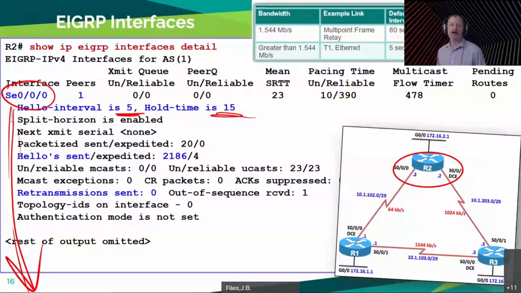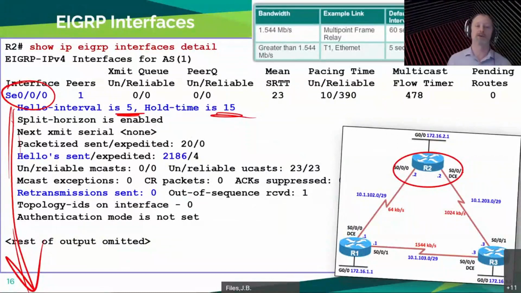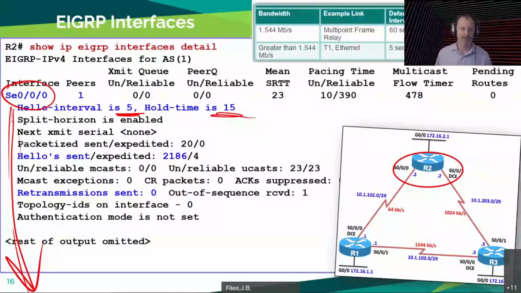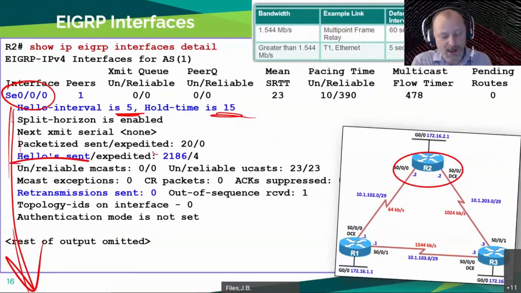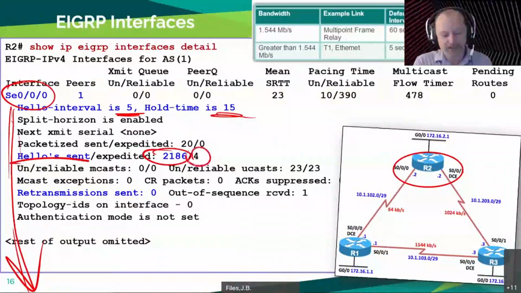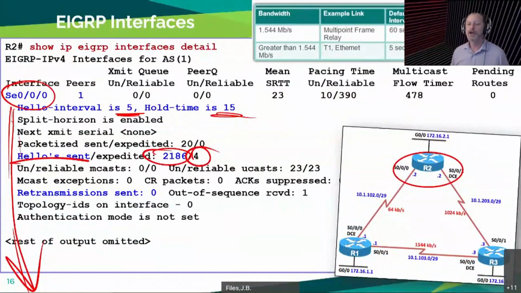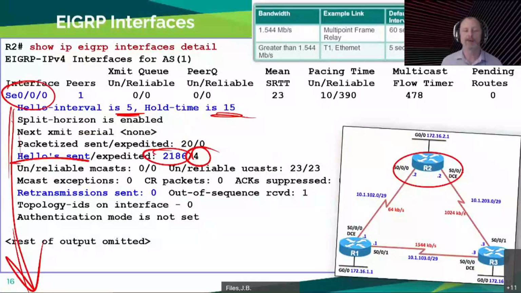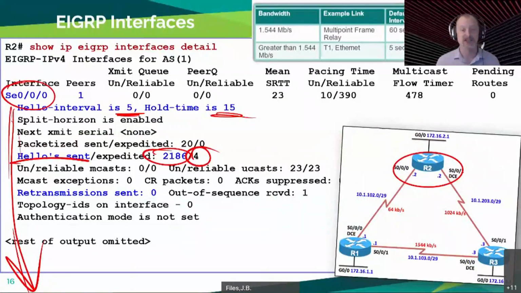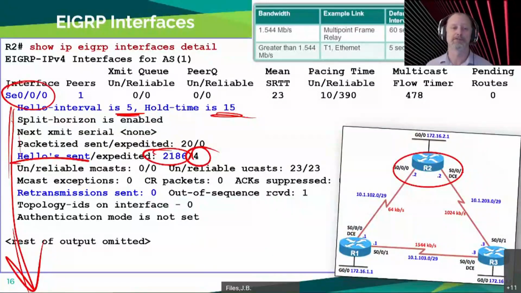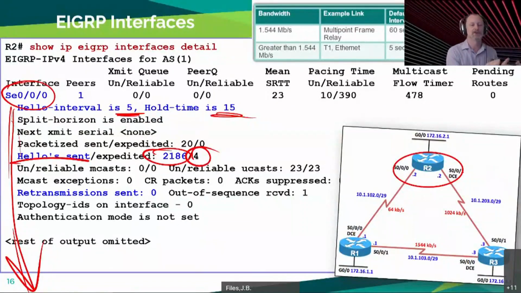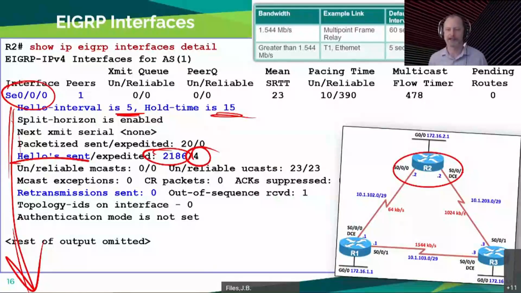Now with OSPF, the hold time is 4 times the hello. With EIGRP, it's 3. Okay. We can see we've sent a couple thousand hellos. We've sent 4 expedited hellos. When startup happens and the interface comes up, we just send some expedited hellos, just boom, boom, boom, boom. And then we go to the hello interval every 5 seconds.